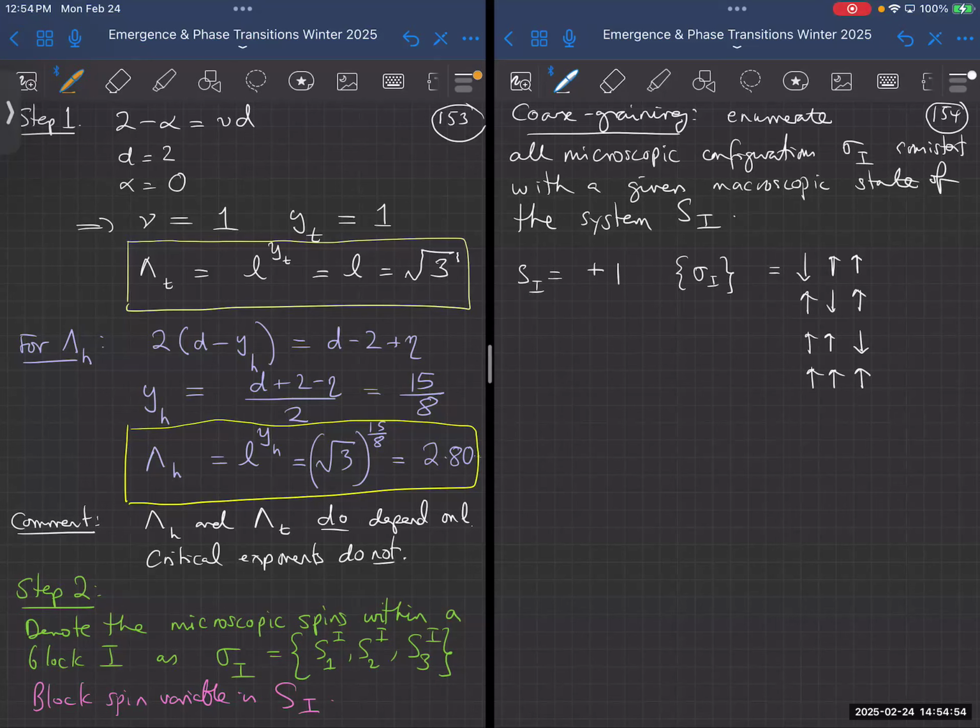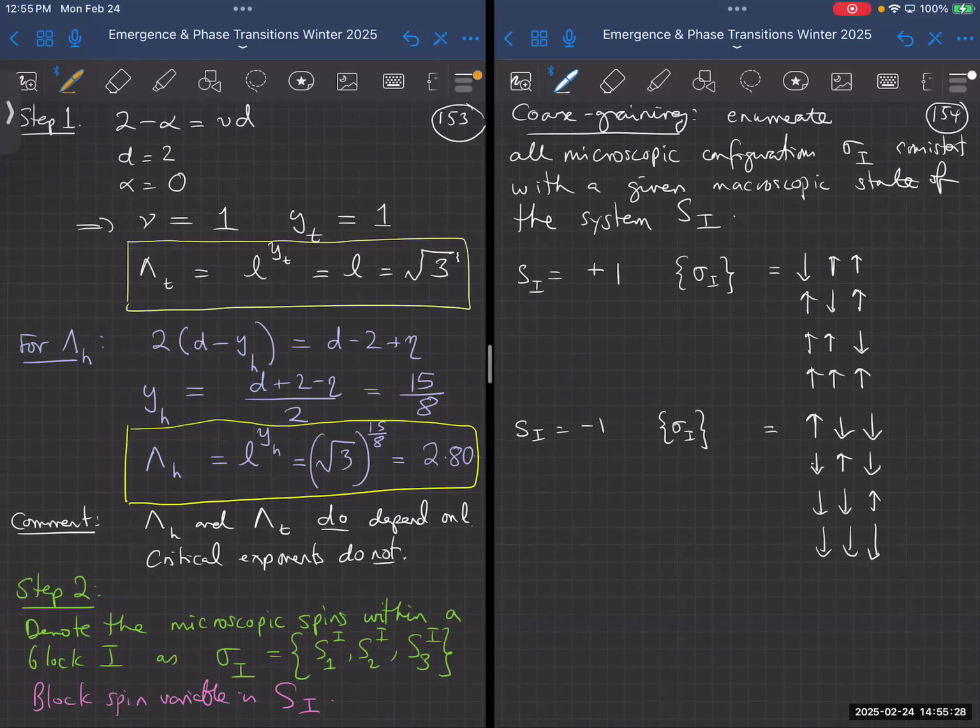All right, let's now do the same thing for S is equal to -1. And you can guess how that's going to work. It's just going to be the exact time reverse opposite of those. So those are all the configurations.